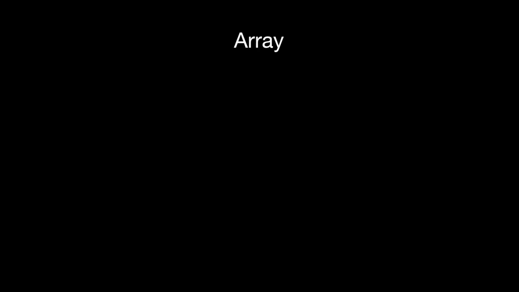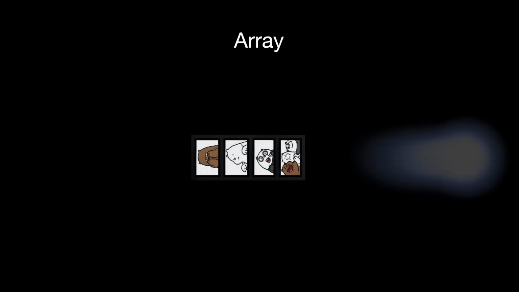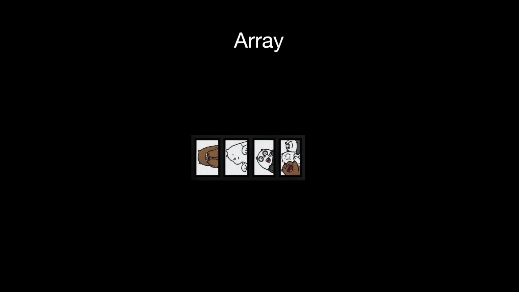For the object data types, first in the line we have array. So an array is like a collection of data. This data can be of the same type or can be different, and we store the values here by the index. So index for an array starts at 0 and goes on like 1, 2, 3 and so on. And we have a length for an array. For example, we have the length 4 here.